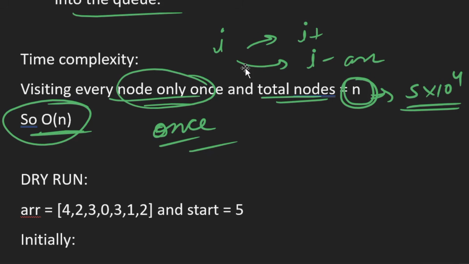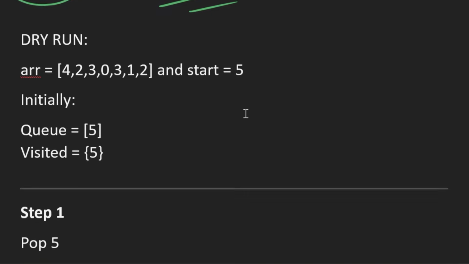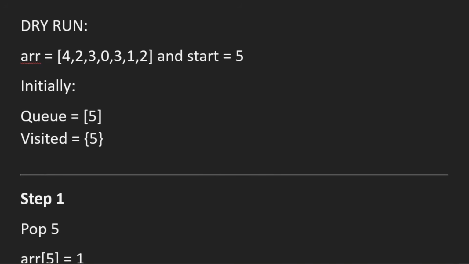So let's try to understand our solution with the help of an example. We have taken this array 4 2 3 0 3 1 2 and our starting index is 5. Initially we push this index into the queue and mark 5 as visited.